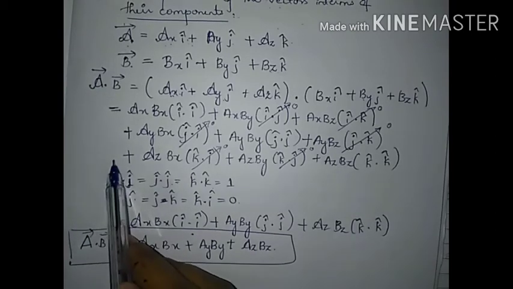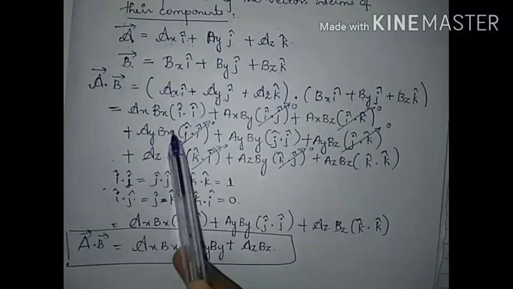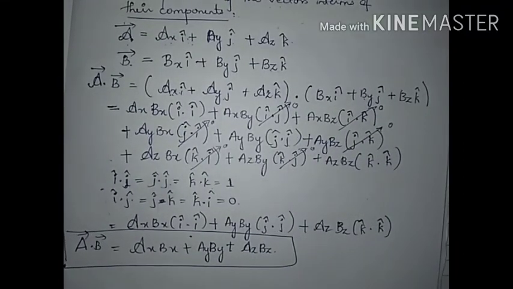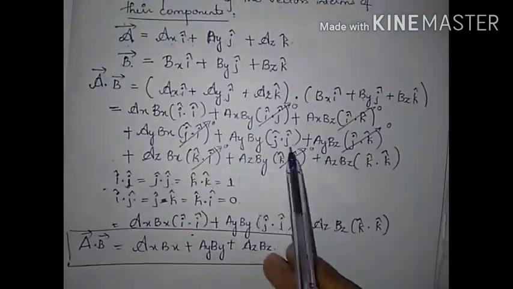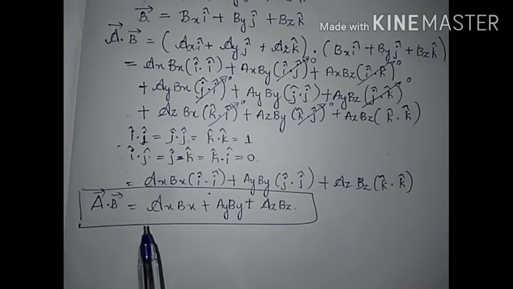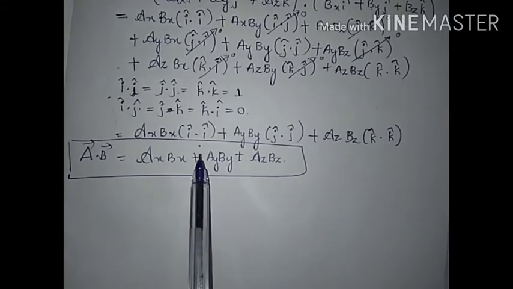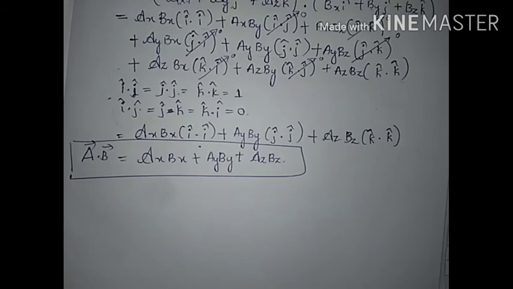By using these two properties, if we substitute here, many terms get 0 value, and what is left is i dot i, j dot j and k dot k. So at the end we can write Ax Bx i dot i plus Ay By j dot j plus Az Bz multiplied by k dot k.